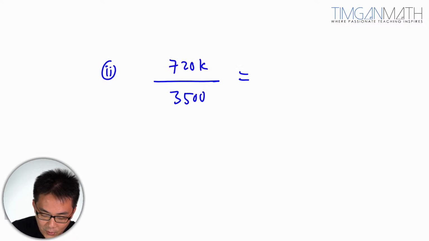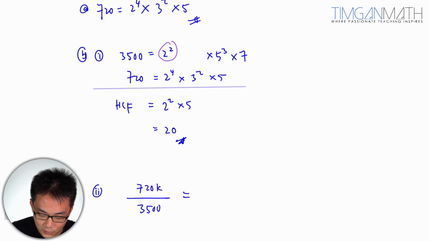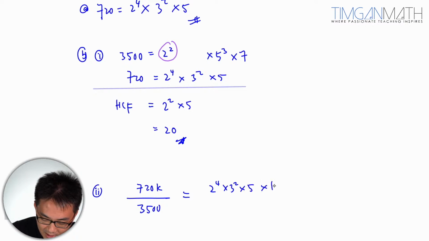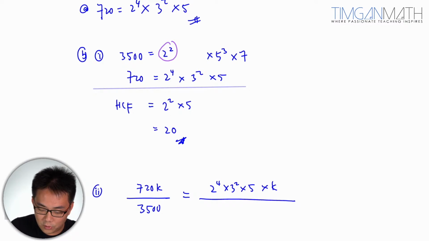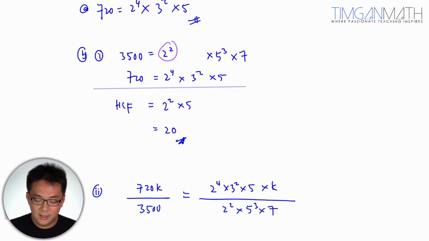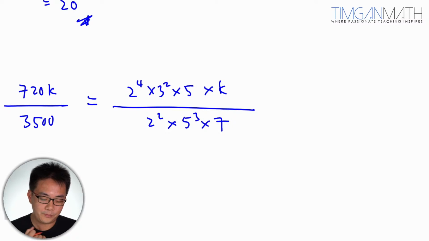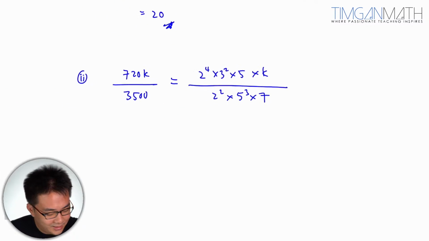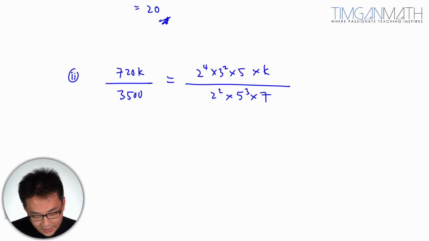So 720k would actually be 2 to the power 4 times 3 squared times 5 times k, and 3500 would be 2 squared times 5 cubed times 7. Ta-da! This will be easier because at a glance you will be able to see how things are working.